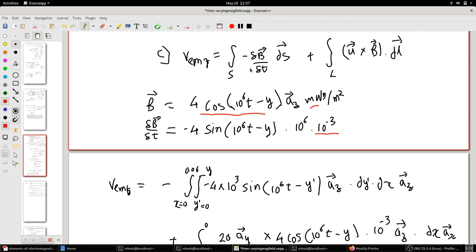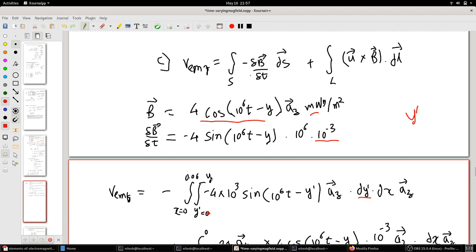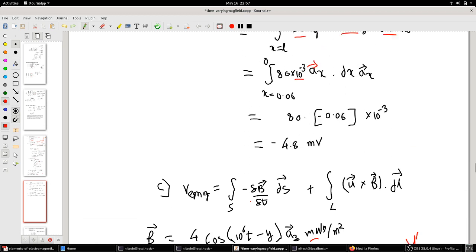Instead of dy, I'll be using y prime, it's just an independent variable, right? So I can use anything. So dy prime with my limits from y equal to 0 to y, because they have not given you the position of y right now, so it's sliding. So y is basically a variable, right?